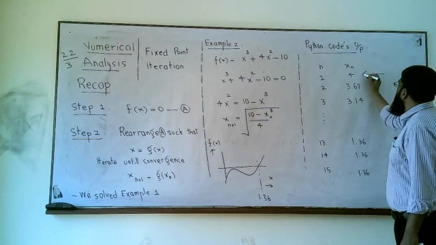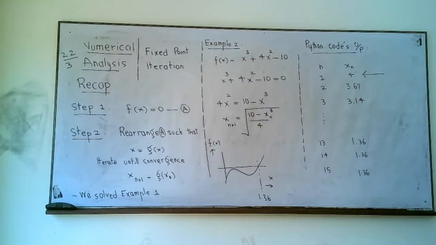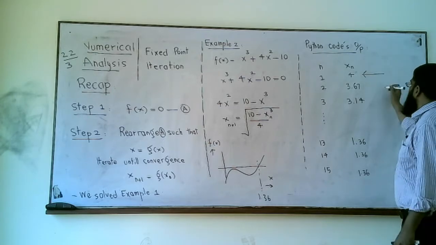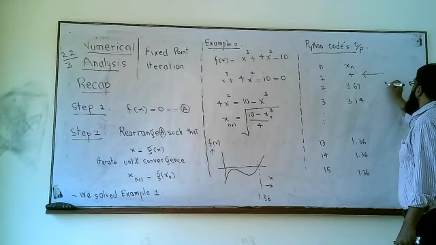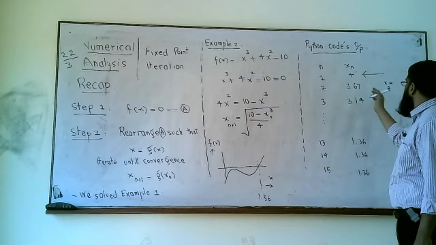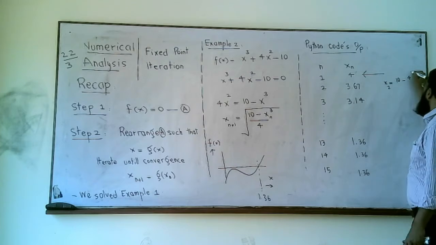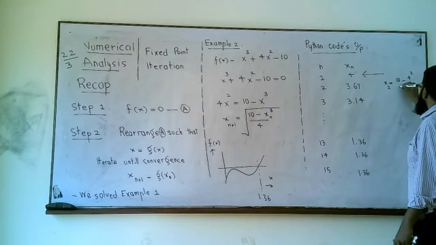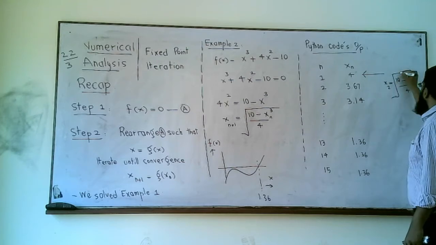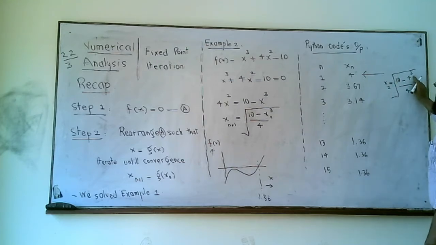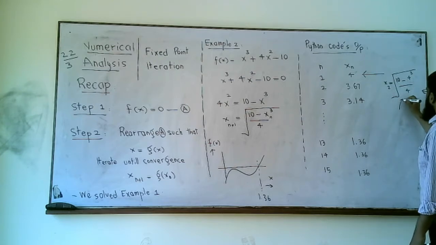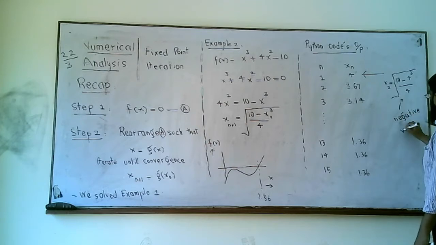So in this output we have started with xn equal to 4, and at iteration number 1, x2 would be 10 minus 4 cubed divided by 4, right? That would give us a negative value because 4 cubed is 64, so 10 minus 64 gives a negative value.